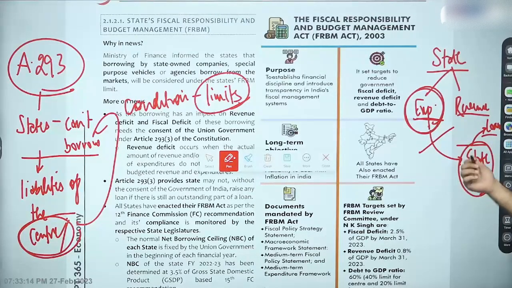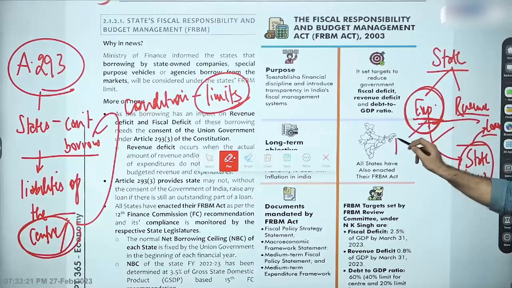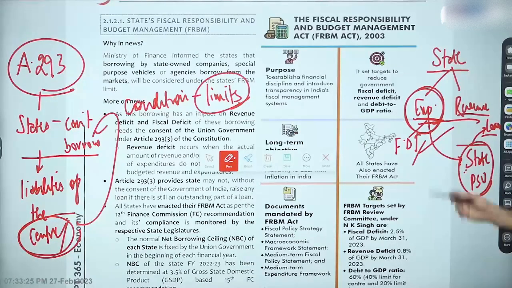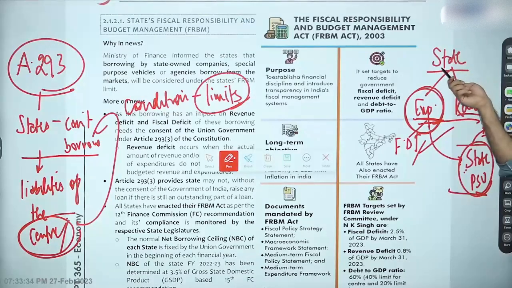This is called off-budget borrowing. If the expenditure would have been counted here, the fiscal deficit of the state government would have turned very high. So they are not accounting for this expenditure, instead they are asking the state PSUs to take the loans on their books. State PSU is different from the state budget.